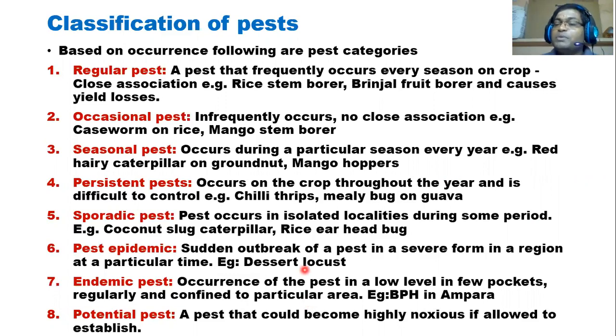Take the armyworm, which will be there here and there as a polyphagous pest. Normally we do not consider it much, but it can emerge as a problem, like the nowadays problem of fall armyworm in corn. Right? It is called a potential pest. If you allow it to establish, then it becomes serious.